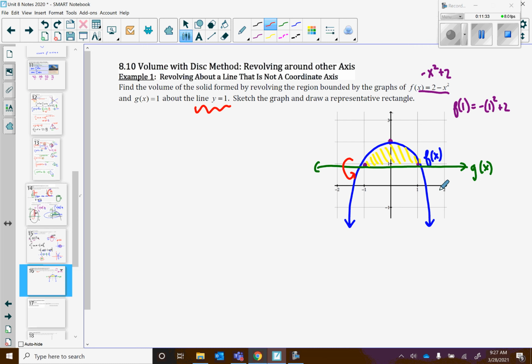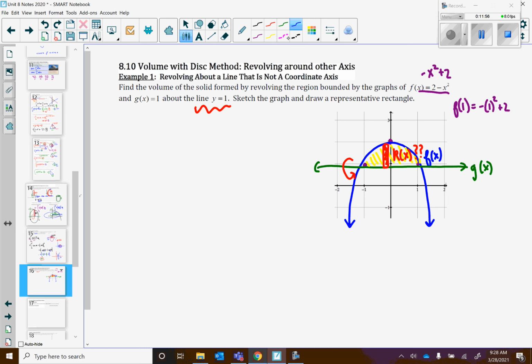To figure this out, we need to ask ourselves, what is this radius? We're going to use the things we've already learned before: this radius here is whatever this blue distance would be, minus this green thing.